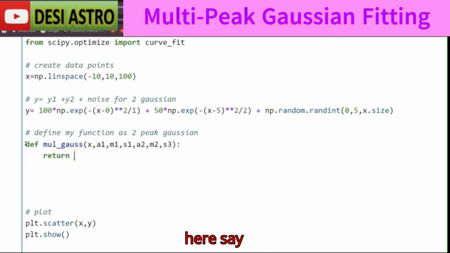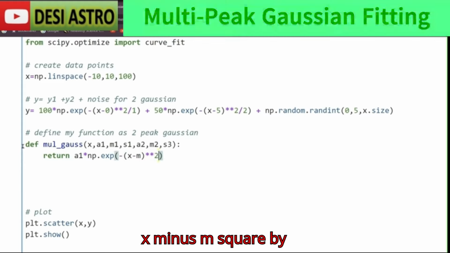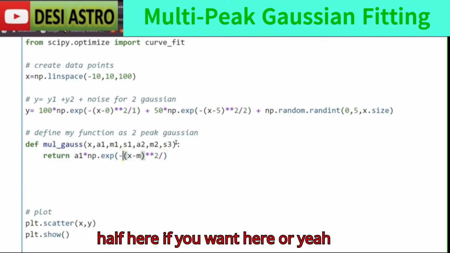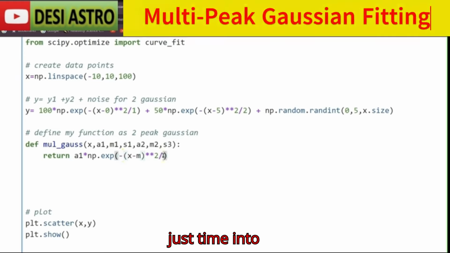So you can give here, say, a1 into np.exp of minus (x minus m) square by 2, or you can just put half here if you want, into 2 into your s1.